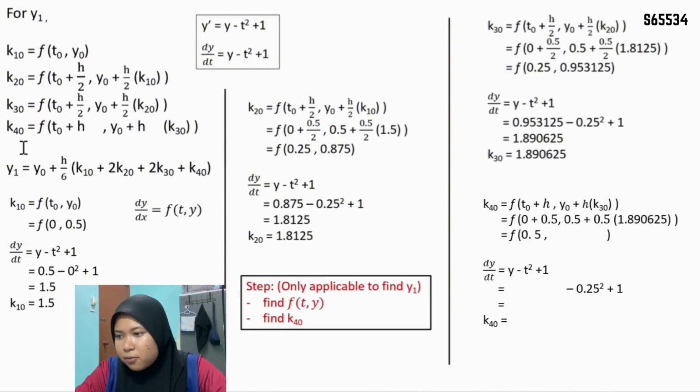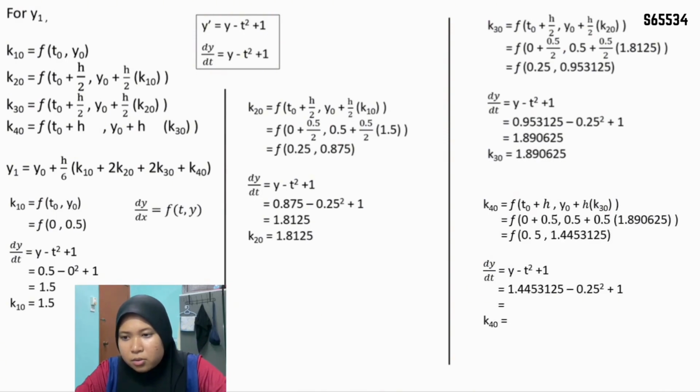And the same for k40, we use this equation and substitute the values that we calculated before, including k30. We insert the value here and we can get f(0.5, 1.445325), and we substitute the value into the equation of dy/dt to get k40.